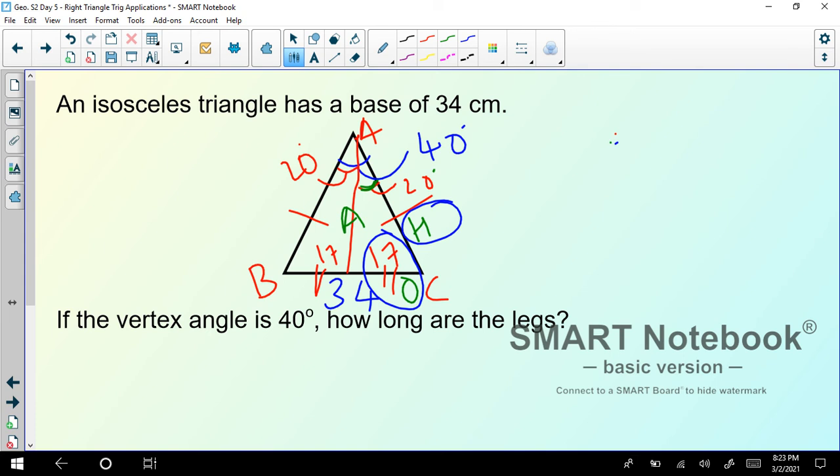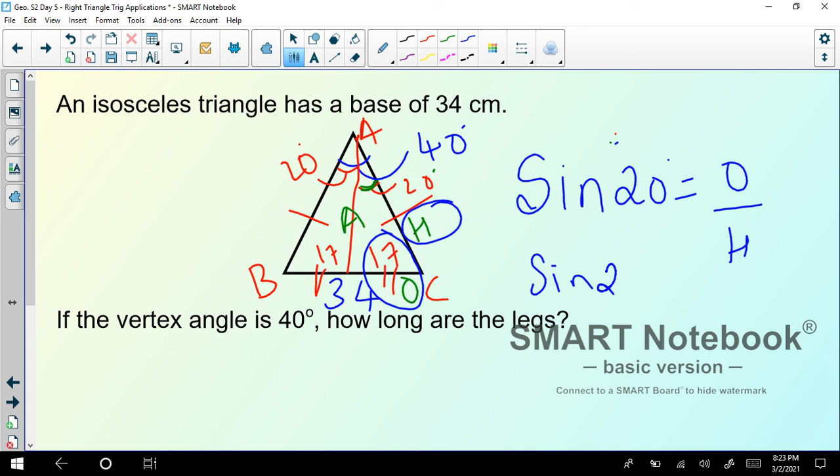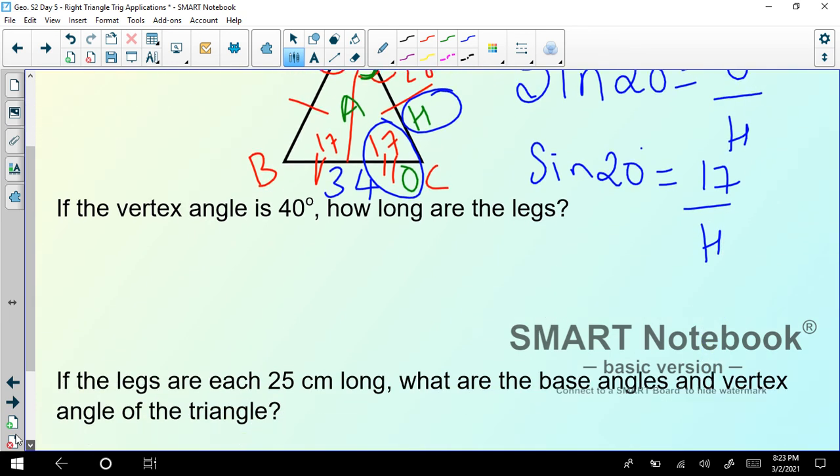Opposite and hypotenuse is nothing but a sine. So we can use the sine ratio. Sine of 20 degrees equals opposite over hypotenuse. So substituting further, sine 20 degrees equals the opposite value, 17, over the hypotenuse, which I don't know. To find the hypotenuse, you just do 17 divided by sine 20.